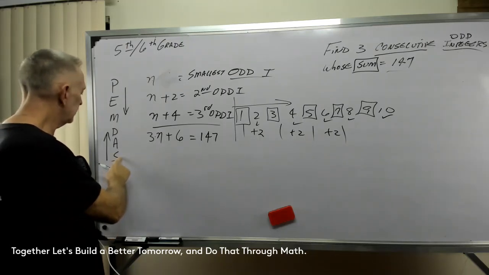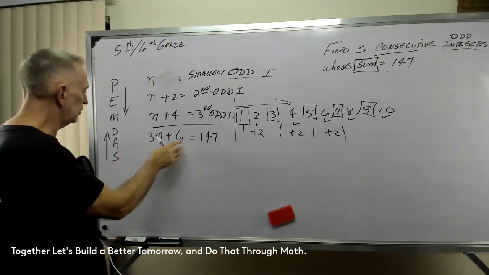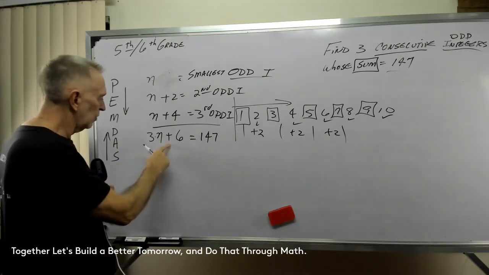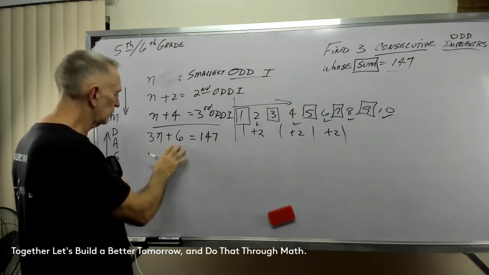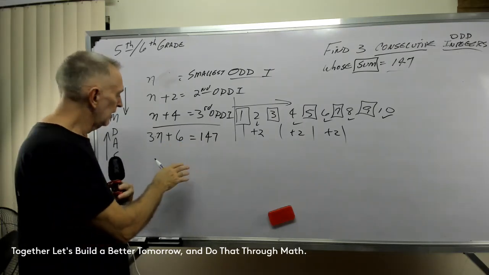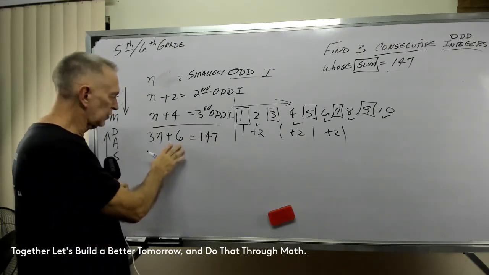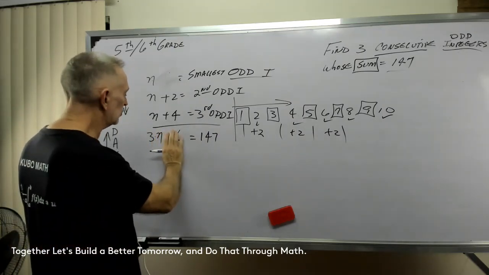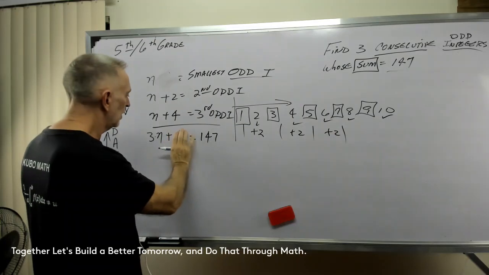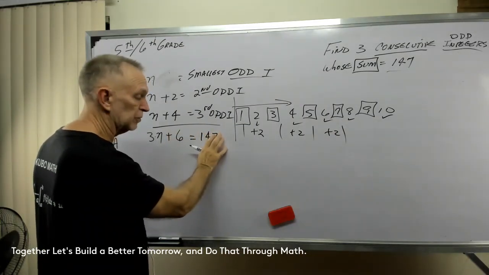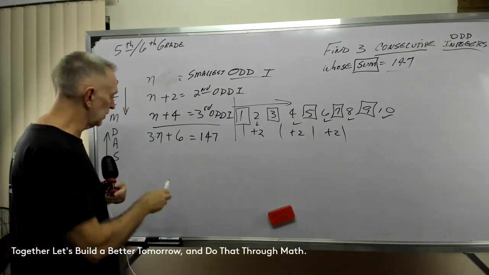I want to find subtraction, addition. I can do those simultaneously. So I have a plus 6. So 6 has been added. Well, if I subtract 6, 6 minus 6 is 0. I could make that 6 go away. But if I subtract 6 from that side, I have to subtract 6 from the other side.